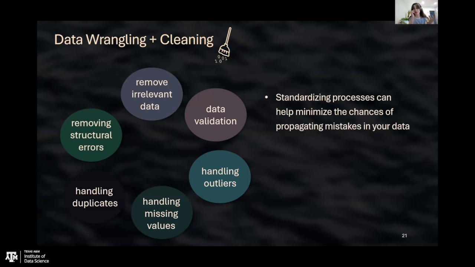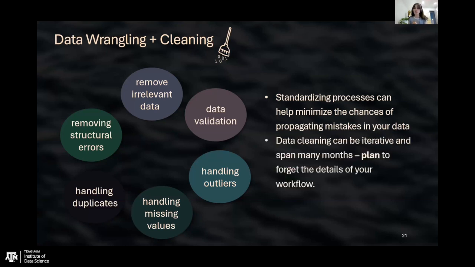And 80% of it is on data cleaning, which is not very glamorous, but it is arguably the most important part of the whole process.